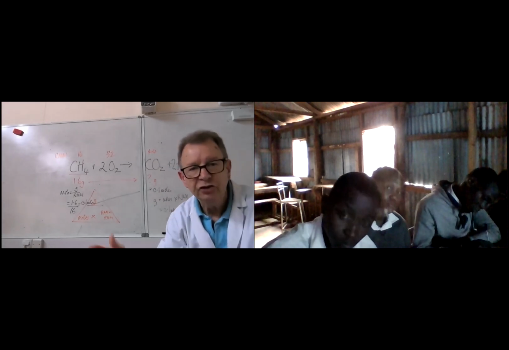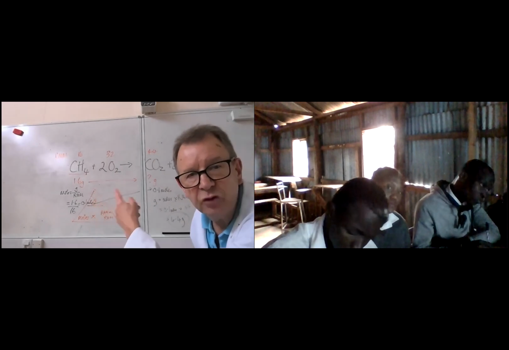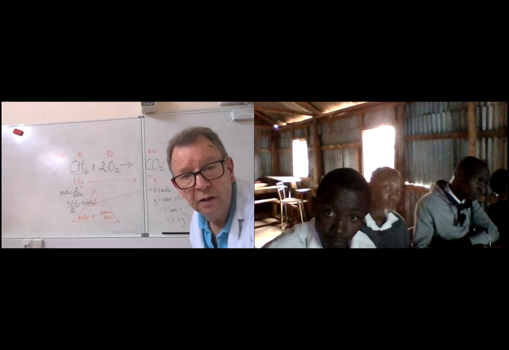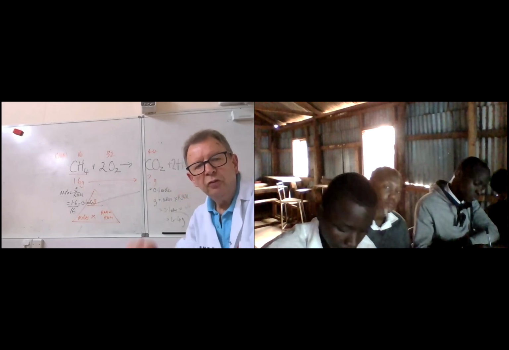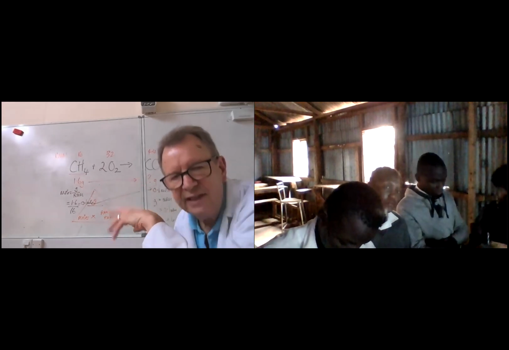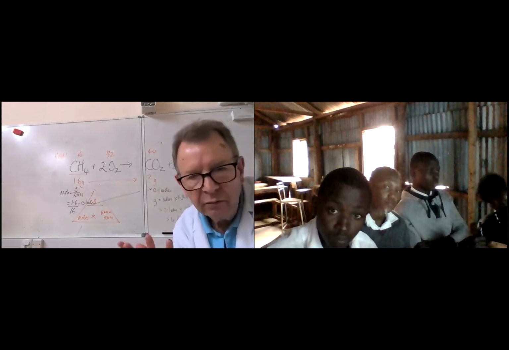So that's why it's useful. I know that if I burn 1.6 grams of the methane, I get 4.4 grams of carbon dioxide. Okay? So there are two parts to this. One is understanding that a mole is just a big number, like 11.